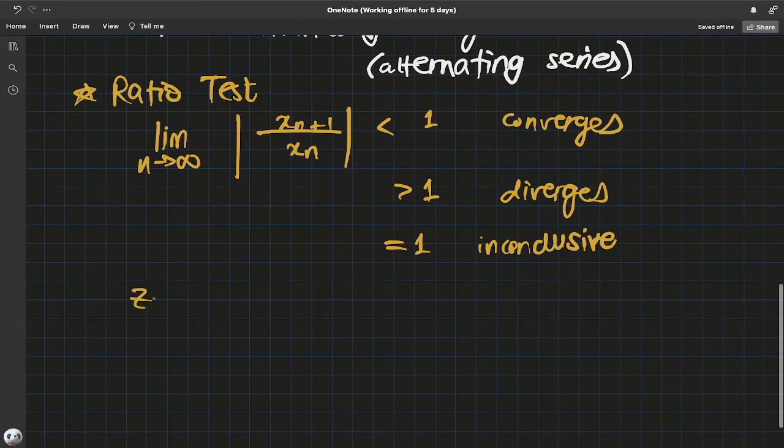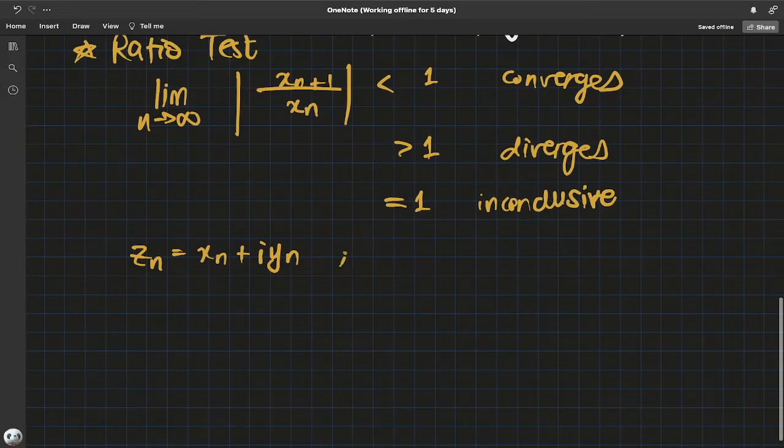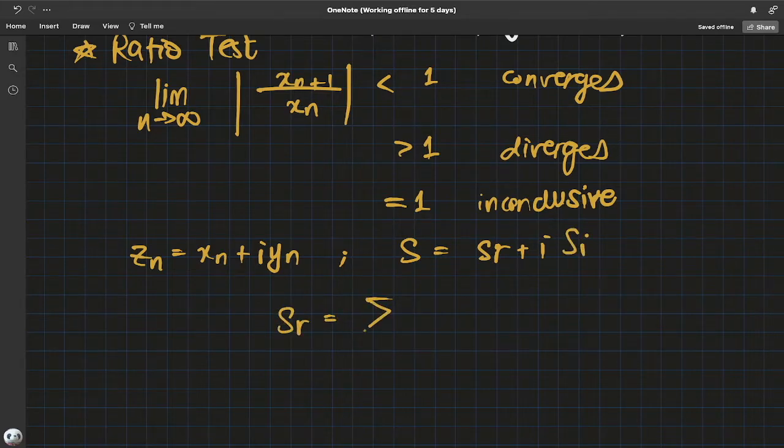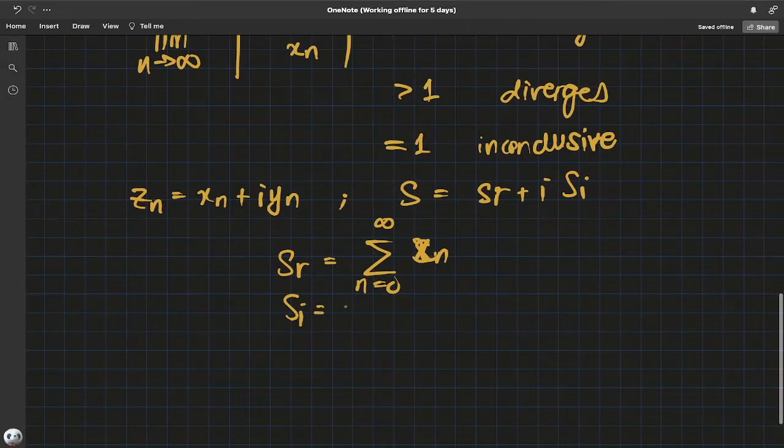Okay, take this complex series for example, x sub n plus i y sub n. I'm breaking the complex series into a real series part and an imaginary series part. So S is S sub r plus i S sub i, such that S sub r is what the real series of x sub n converges to, and S sub i is what the imaginary series converges to.